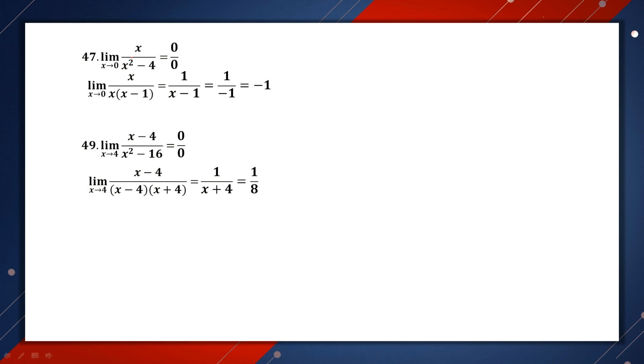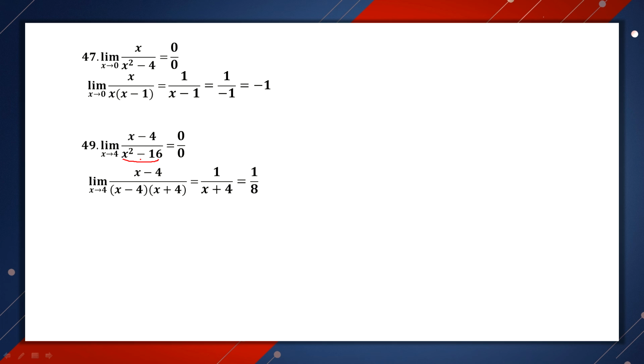And here we get limit x to 4 of x minus 4 over x squared minus 16, which is 0 over 0. And we have to know that this is x minus 4 multiplied by x plus 4.